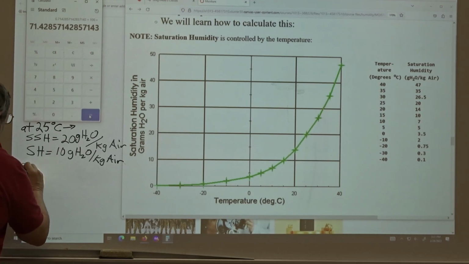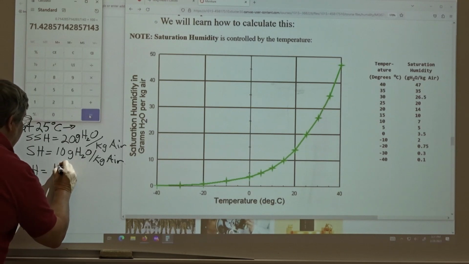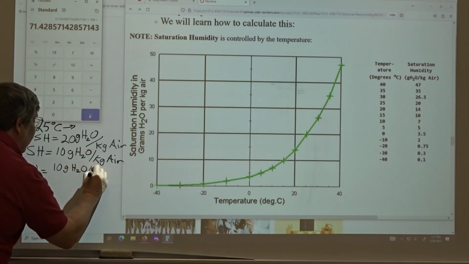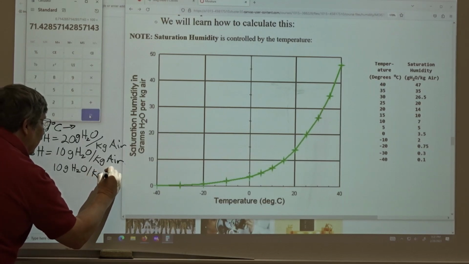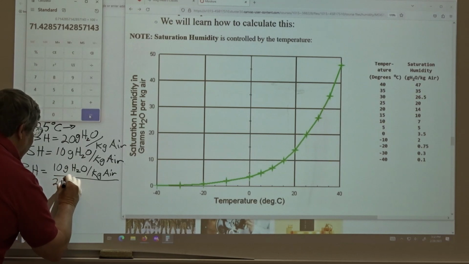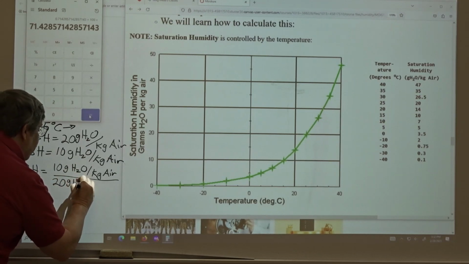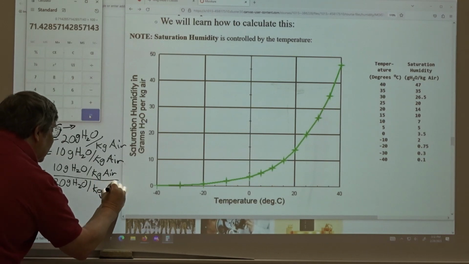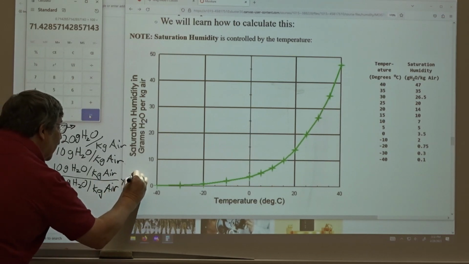Our relative humidity is going to be 10 grams of water per kilogram of air divided by 20 grams of water per kilogram of air times 100%.